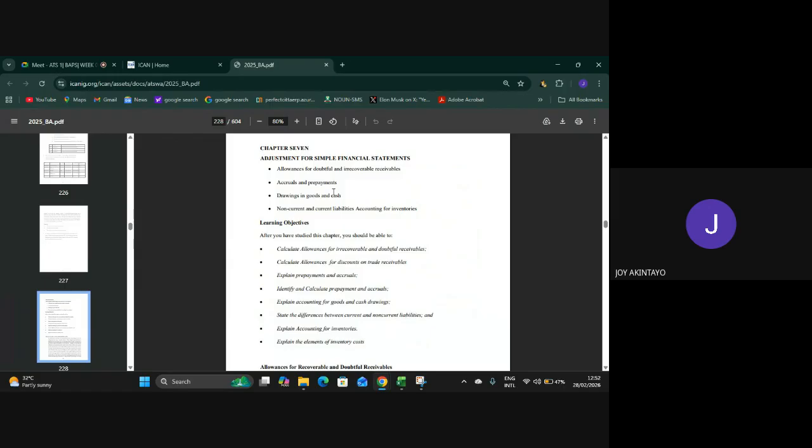Then when it comes to prepaid income, unearned income, the customer has paid the money to us, but we are yet to deliver the service, or to deliver the goods to the customer.